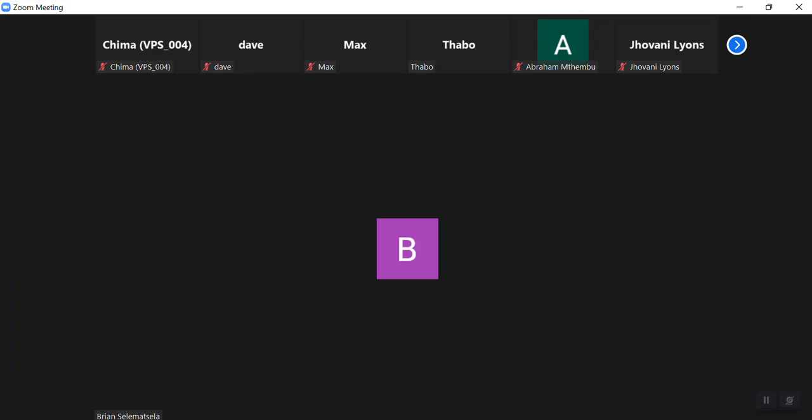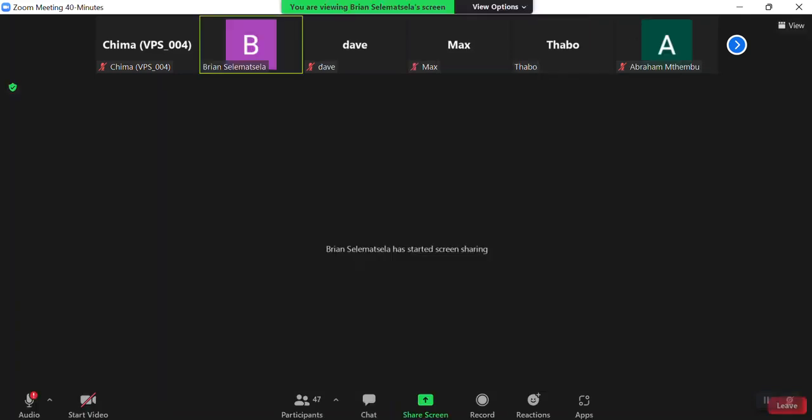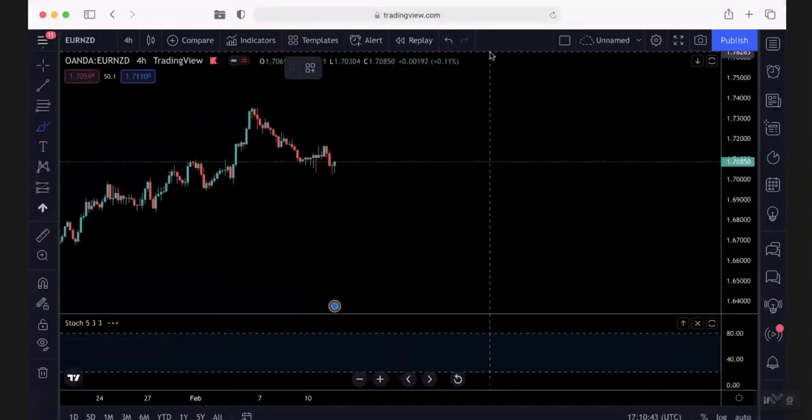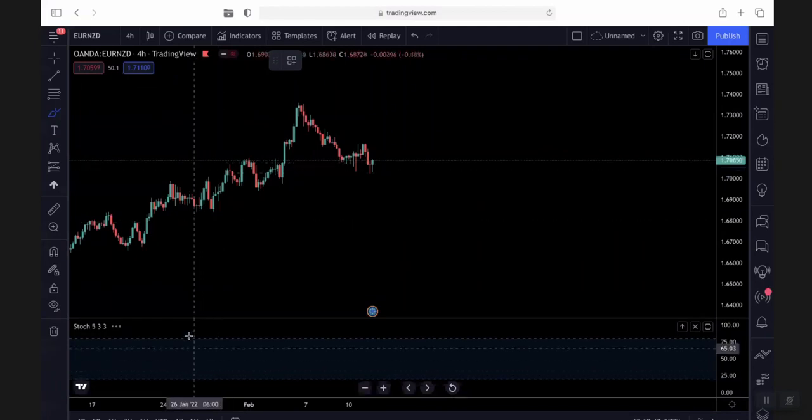But the probability is all the same. You just have to be good at spotting it at the right time. And like I've said, it happens everywhere. Divergence is everywhere, and it happens every second. There's a divergence happening.